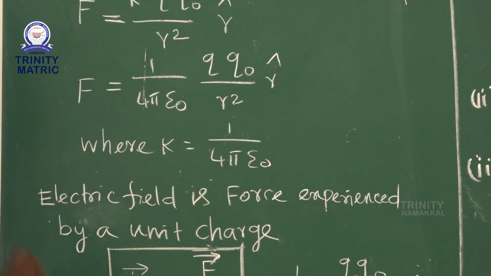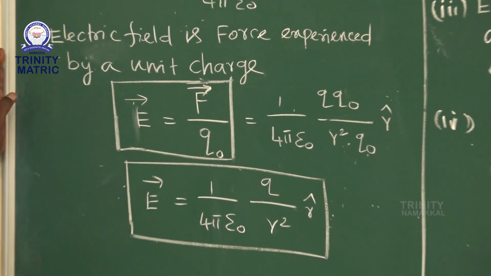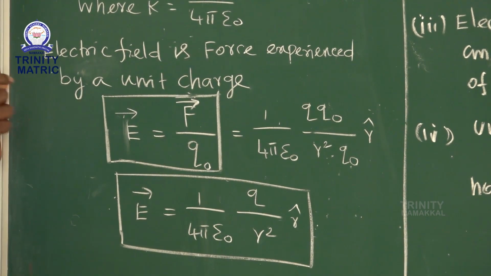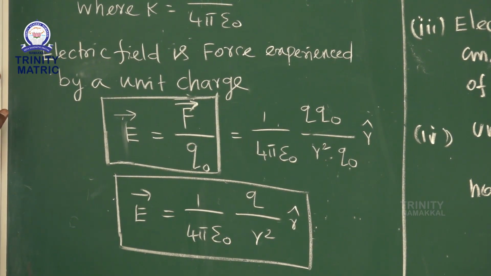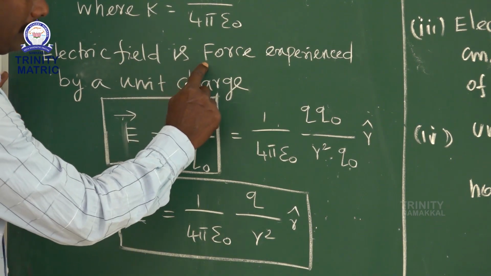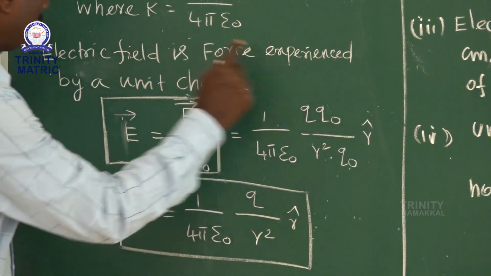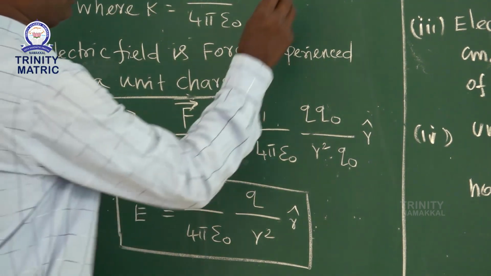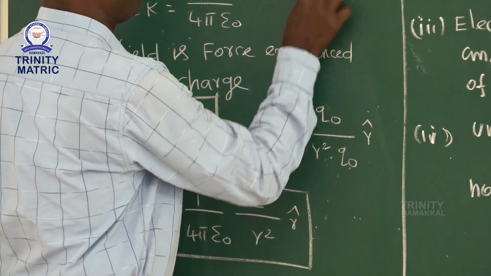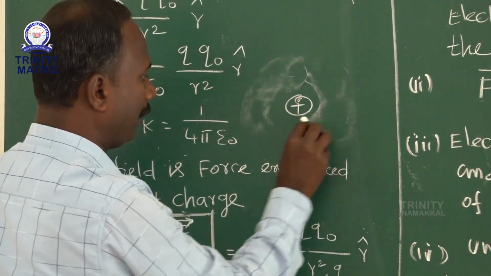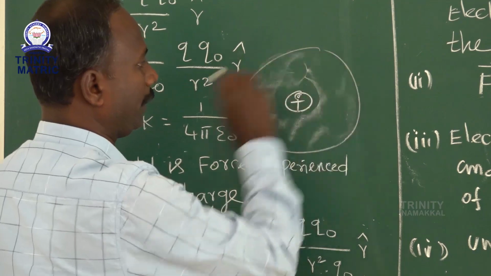Now the electric field, we already know, is the space around the charge. How will you define the electric field? The electric field is defined as the force experienced by a unit test charge. For example, there is a charge Q. This charge has some field, which is called an electric field.